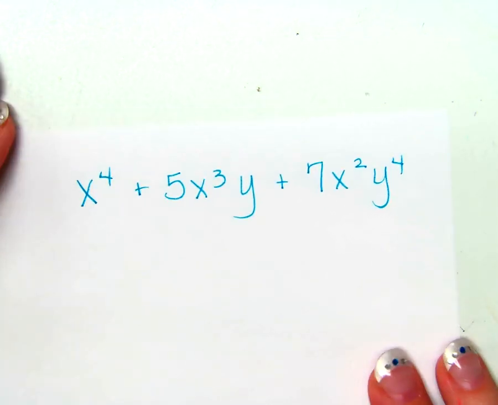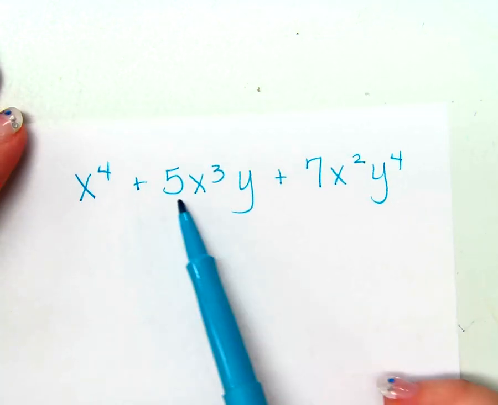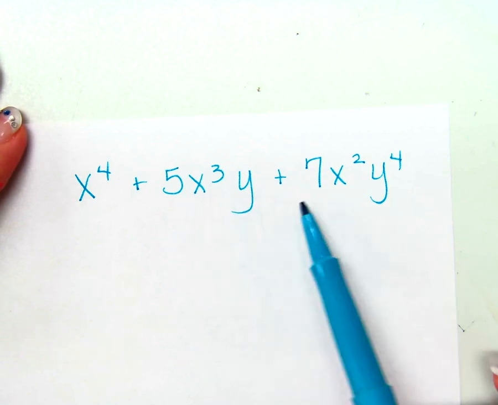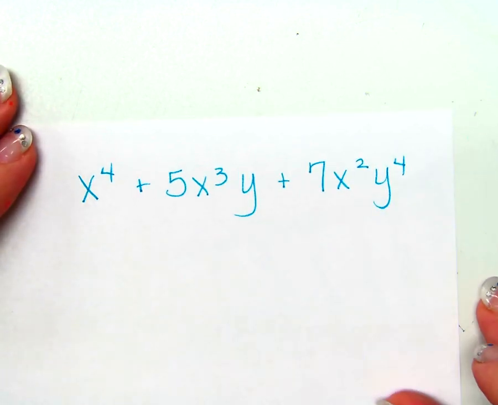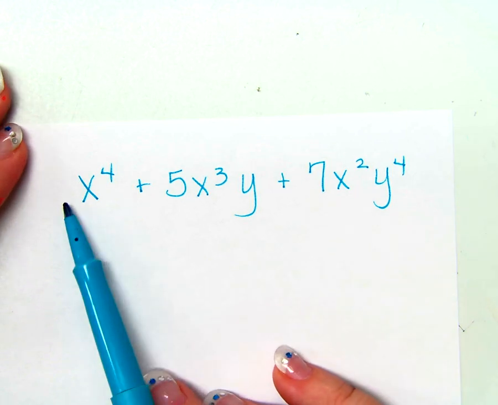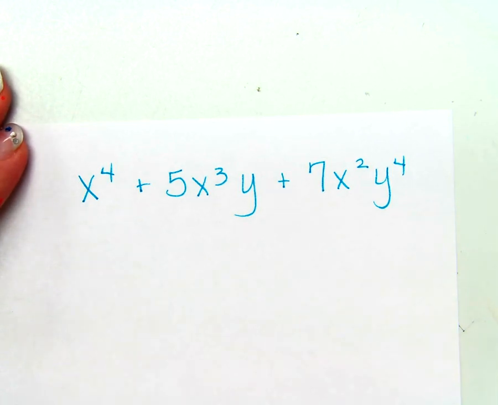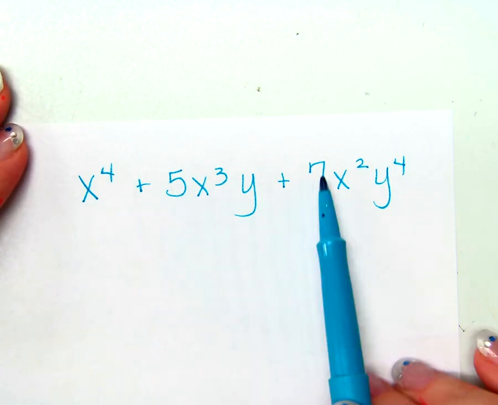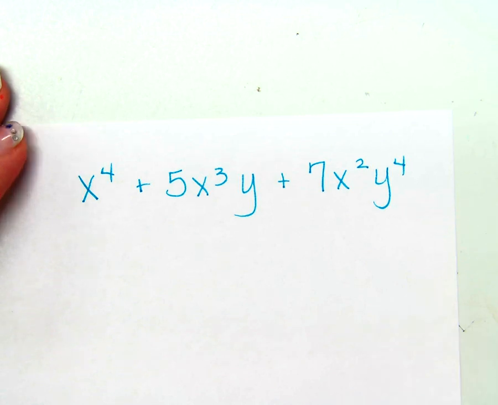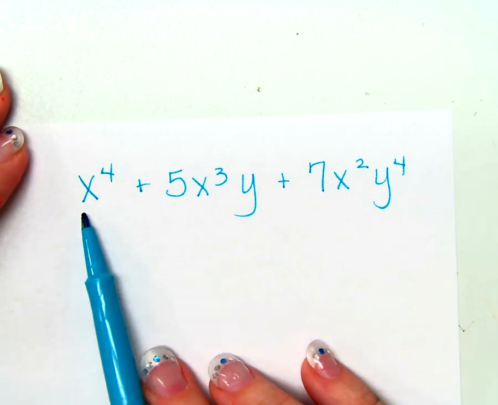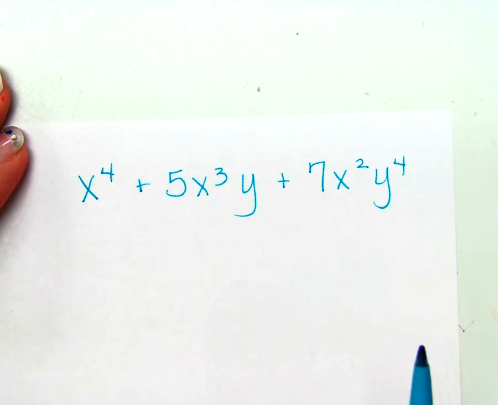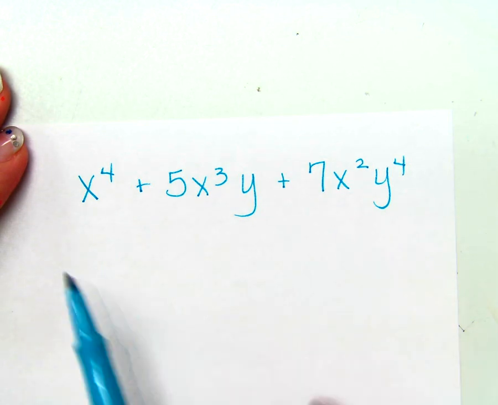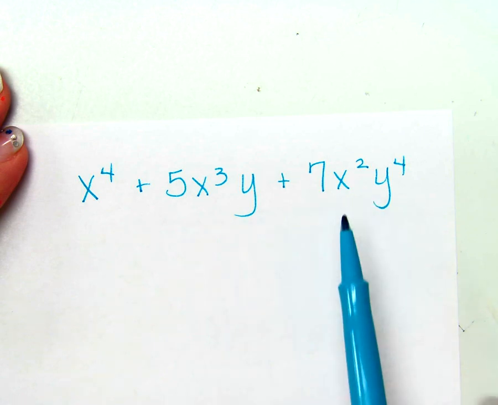Next, on a problem like this, x to the 4th plus 5x to the 3rd y plus 7x squared y to the 4th, I'm looking for a greatest common factor. Well, the first term doesn't even have a coefficient at all, so I'm not going to be able to take a coefficient out or divide each term by a common number. But hopefully you see that each of the terms has an x, and the biggest x I can take out of each term is an x squared.